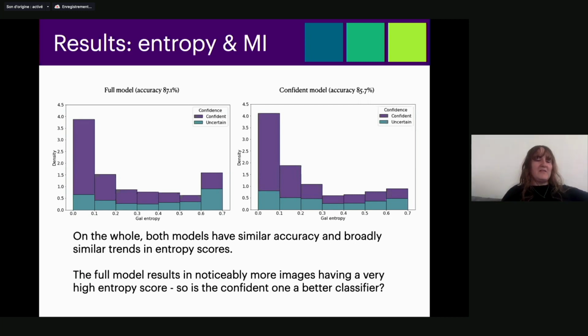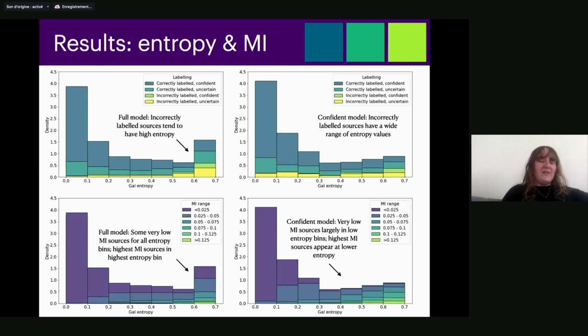Intuitively, this might make you think that training on only confident sources might produce a better classifier, but let's look at how these histograms break down in terms of images being labeled correctly. What you can now see is that for the full model, the number of incorrectly labeled sources is very, very low in the lowest entropy bin, and the proportion of incorrectly labeled sources remains low until the 2 highest entropy bins.